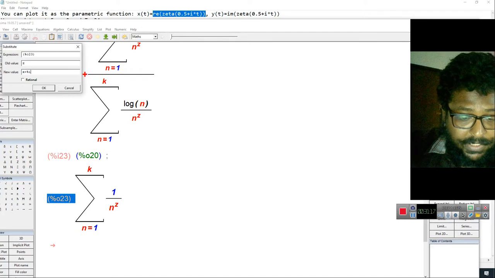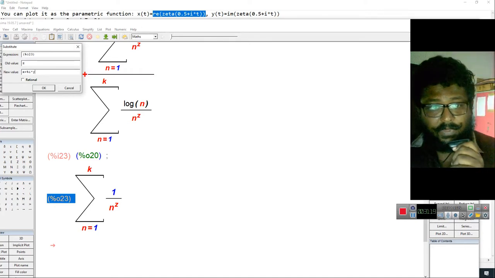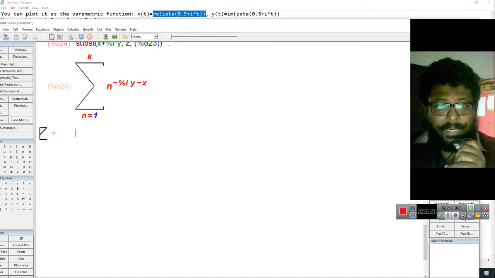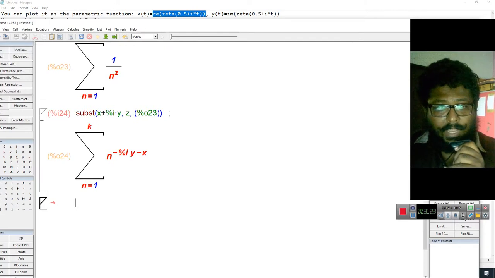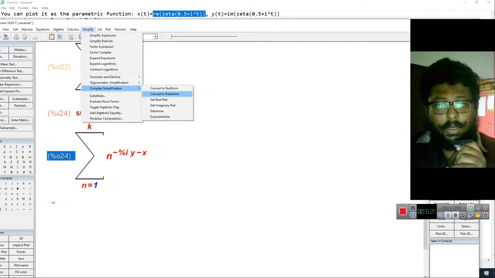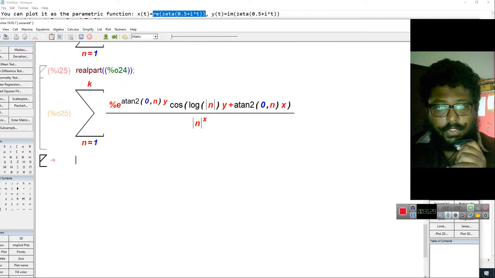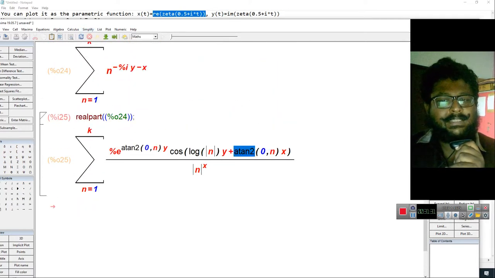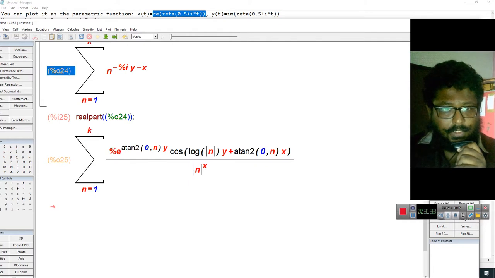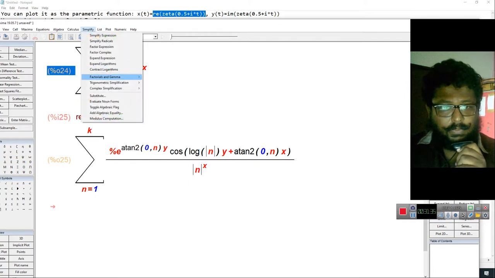I am telling you again, it's just the Maxima syntax for the imaginary number. Now you have an equation like this, and you just separate it into the real part. So you can see this atan2. What is this atan2 and how to plot this? So again, you just get over here to this imaginary part.